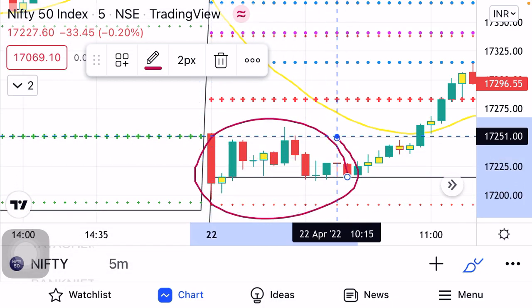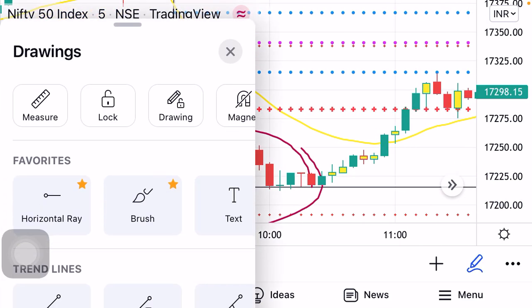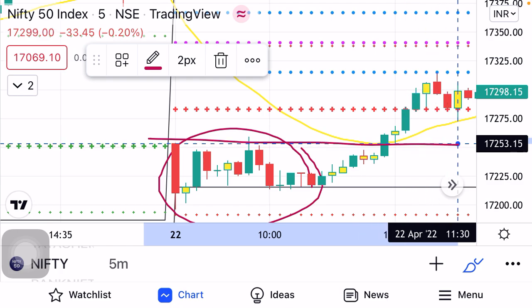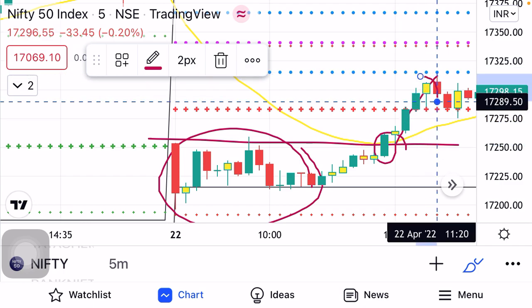The first 1 hour range is very narrow. Whenever the first 1 hour range is very narrow, the market is ready to give one direction, that is upside or downside movement. And if you observe here, this 1 hour range was broken, and the 20 EMA was also broken, and if you take a trade here, the target will be CPR.